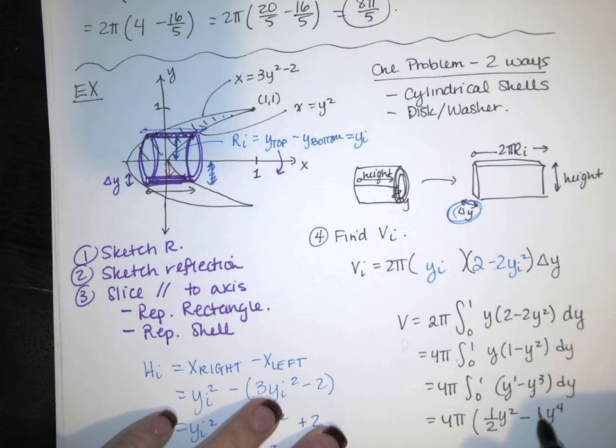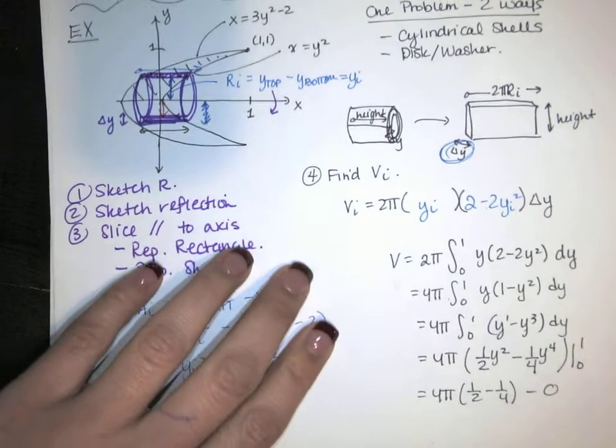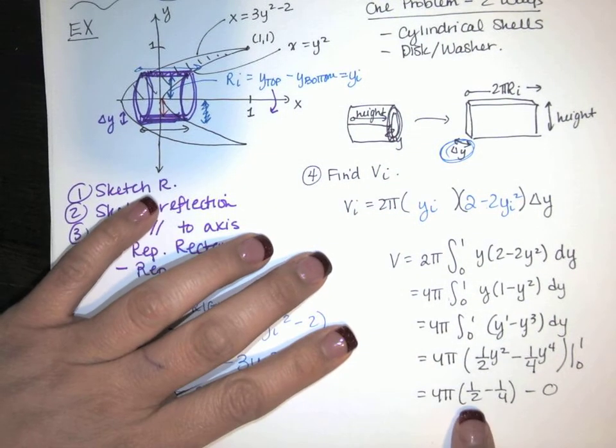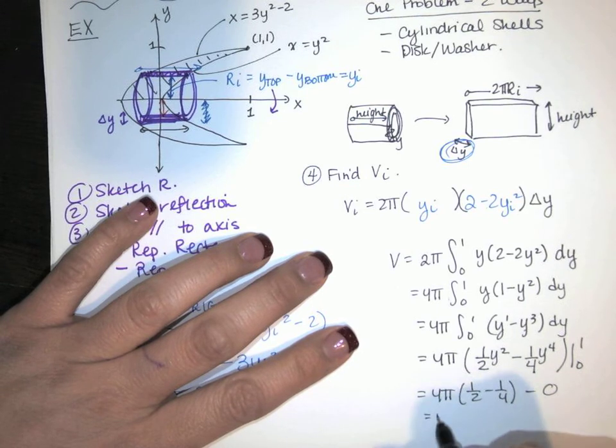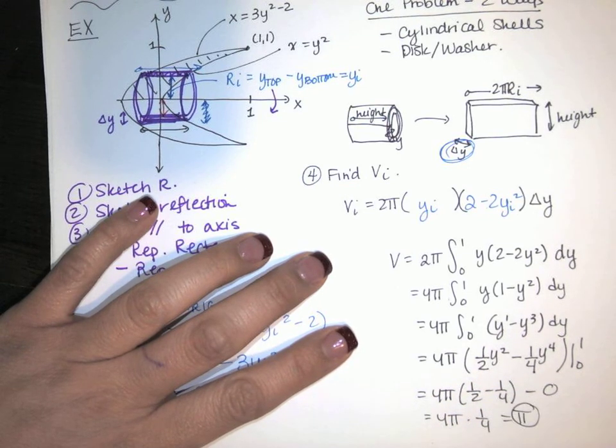Add 1 to the exponent. Divide by the new exponent. Evaluate from 0 to 1. At 1, you just get 1/2 minus 1/4. At 0, you just get 0. 1/2 is 2/4. 2/4 minus 1/4 is 1/4. So it turns out the volume is pi.